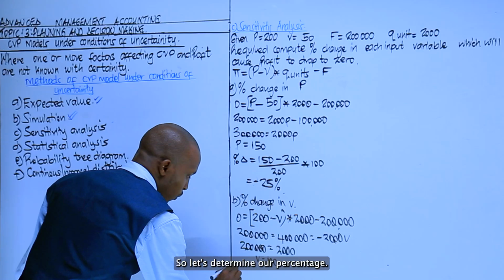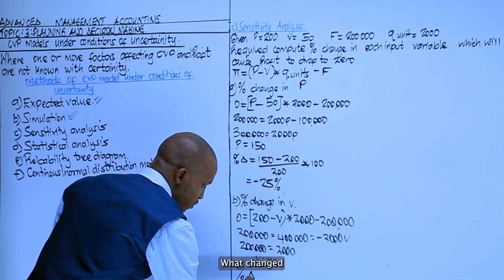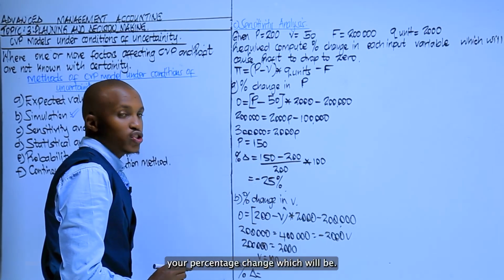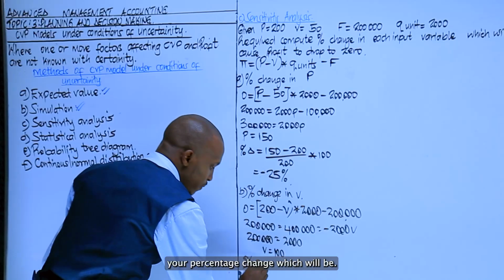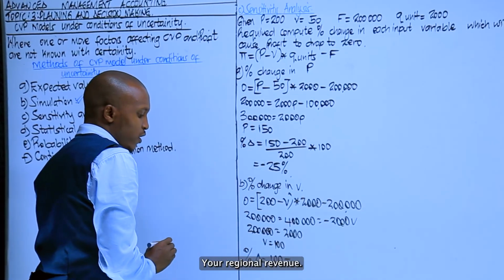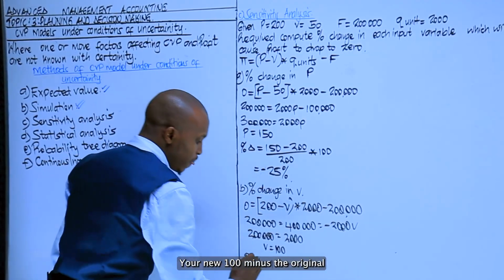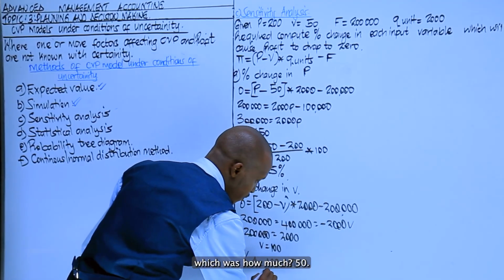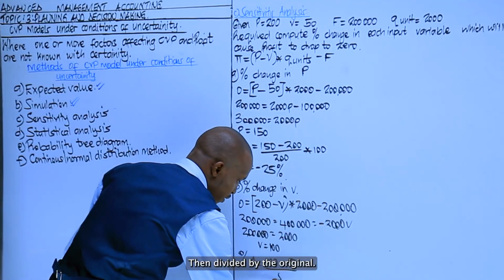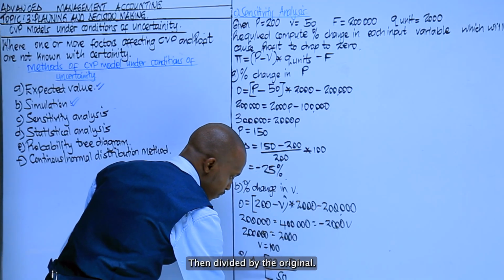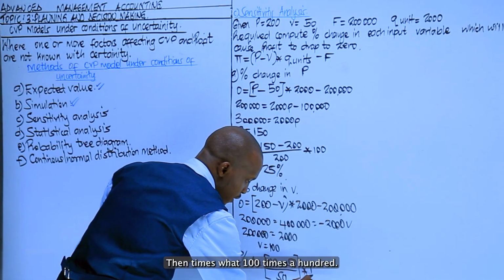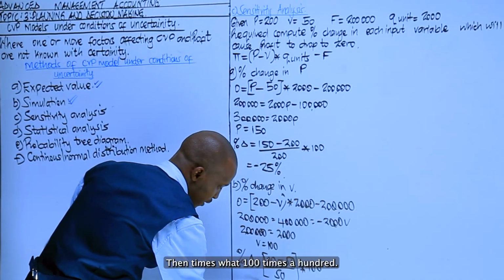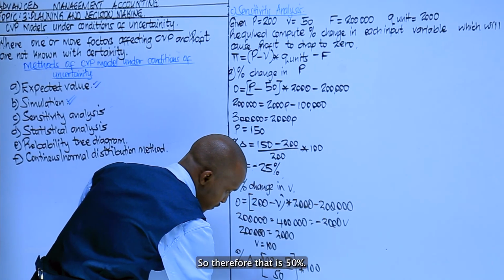So let's determine our percentage change. Your new 100 minus the original, which was 50, then divide by the original, then times 100. So therefore, that is 50%.